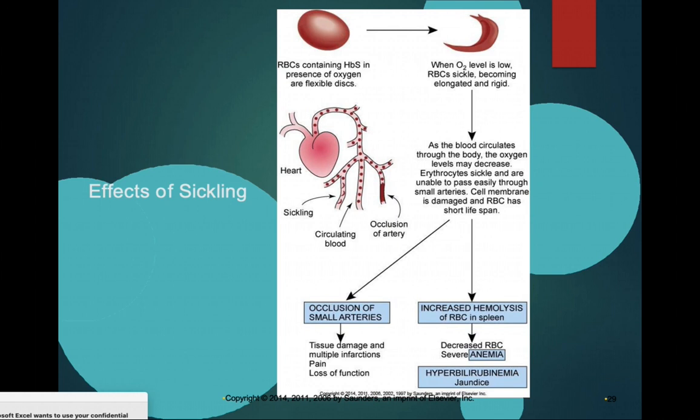And when you have increased amounts of bilirubin, you get this yellowing of the skin, which is called jaundice. In light-skinned individuals, you can see yellowing of the skin. If you are of darker skin complexion, all you have to do is look at the white of the eyes, and the white of the eyes will look yellowish, which is jaundice as well.